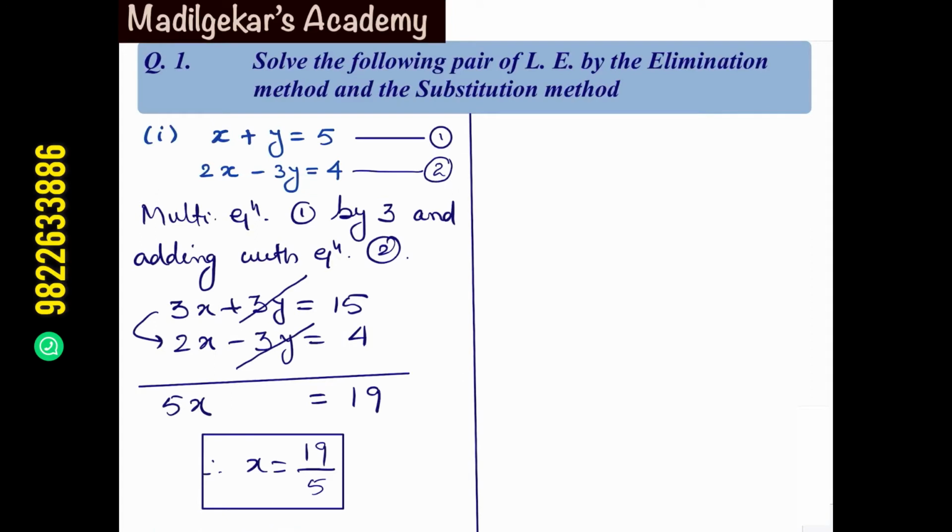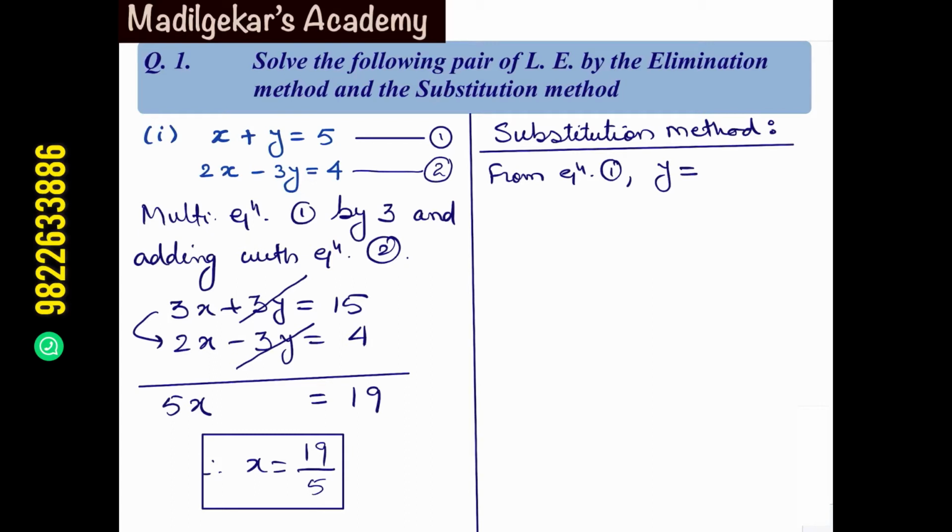Now let's solve the same example by the second method, that is the substitution method. Recall what we have done in the substitution method. Yes, we used to find the value of any one variable and substitute it in the other equation. So from equation 1, we can write y as 5 minus x.